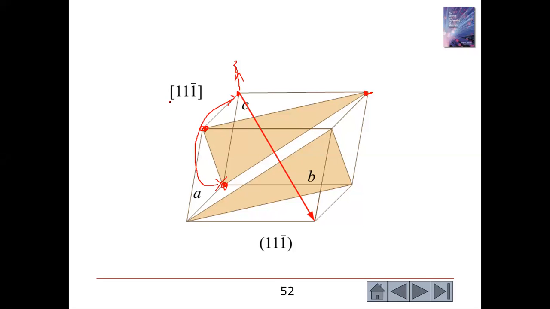So if you look at this direction, it is moving positive in x direction, positive in y direction, but negative in z direction, right? The same goes for the plane as well, right? It is intercepting the x-axis at +1, y-axis at +1, and z-axis at -1. So it is also the 1, 1, 1 bar plane, right? And they are perpendicular to each other, right? You can see it from this figure.